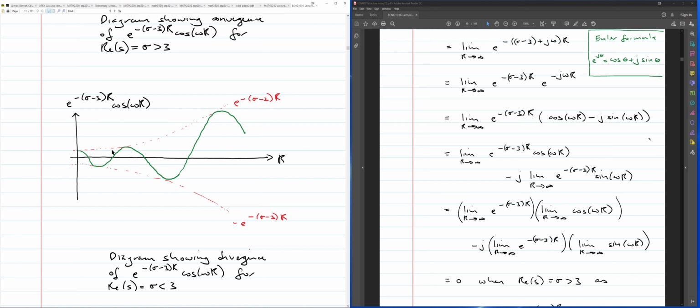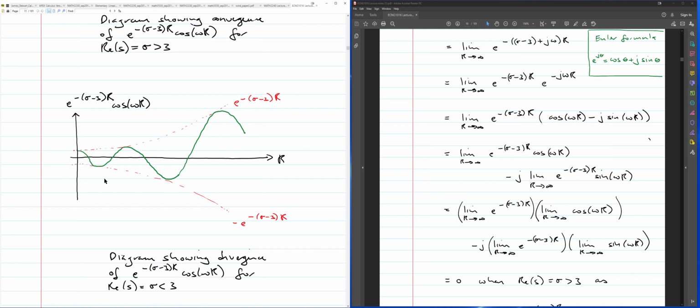So, for example, if I have e to the 2r, now it's again a sinusoidal line inside an envelope, but it's no longer damped. What's happening is the oscillations are actually increasing in magnitude as you go along.